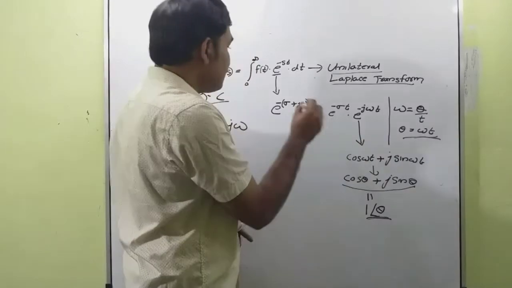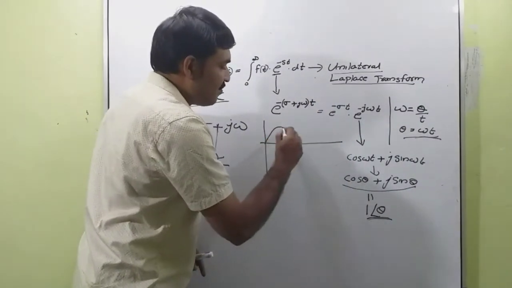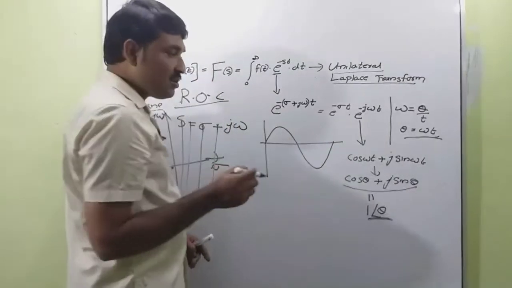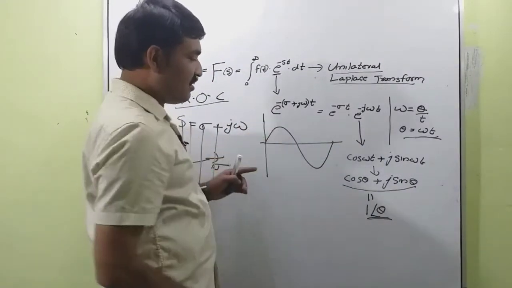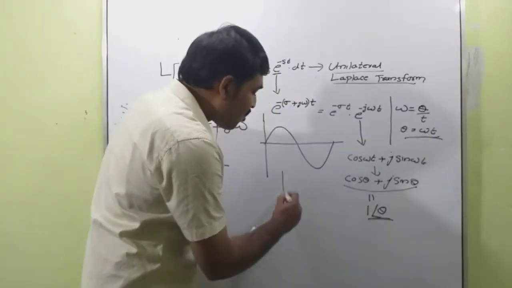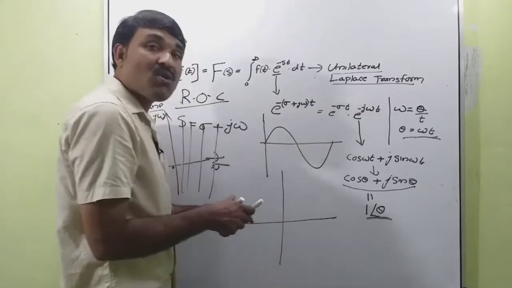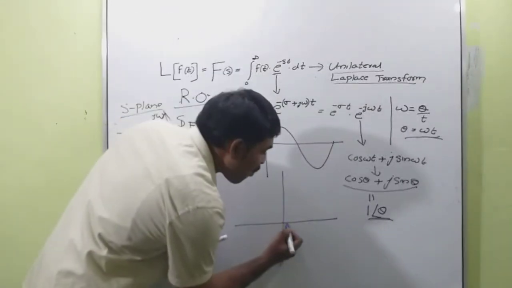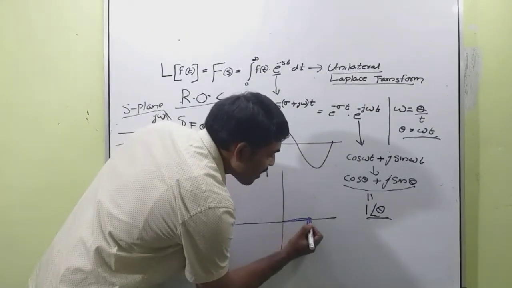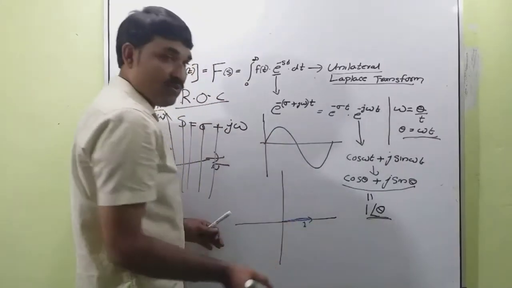Now suppose I have a sine wave. This is my sine wave. At t is equal to 0, theta is equal to 0. So I can represent this as a phasor of magnitude 1 and angle equal to 0.